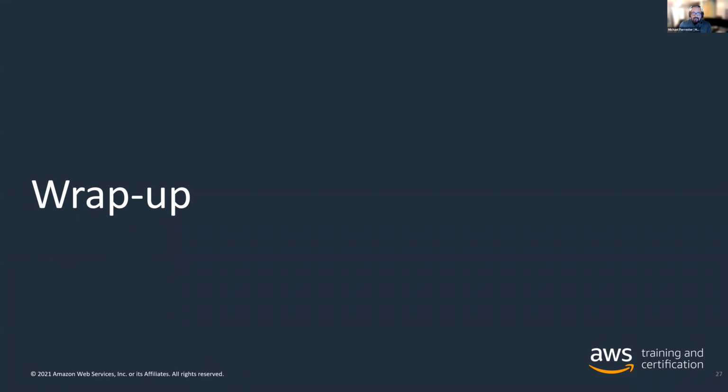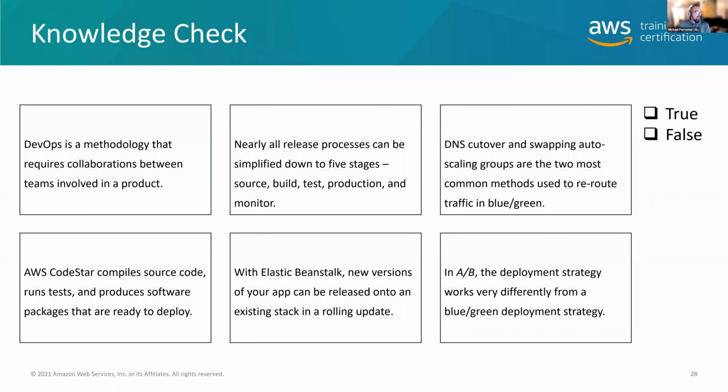Let's test the knowledge of that little fire hose that we just ran through. All right, so DevOps is a methodology that requires collaborations, not collaboration, but collaborations between teams involved in a product. Does that sound like what I was describing before? Or did I say, we need to go to war with all the rest of the teams? I can see I got one reply initially, so maybe I scared everybody.